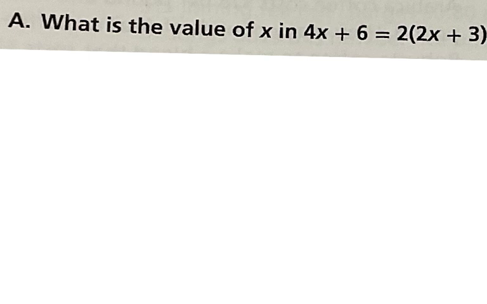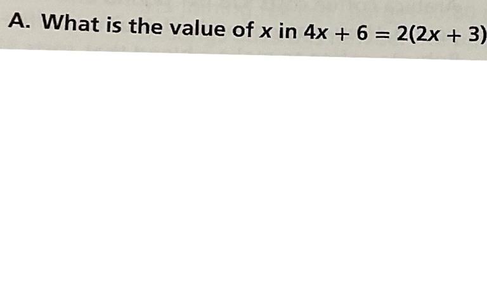Now we need to get our variables to one side and our constants on the other. So I would subtract 4x, and then I would subtract 6 and subtract 6. So this is 0 and 0 equals 0. So 0 equals 0.